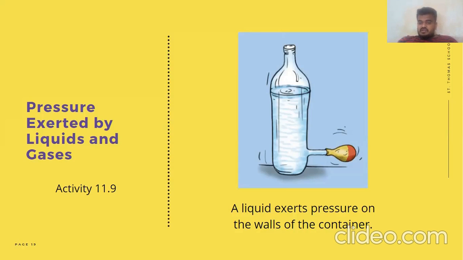That this liquid exerts pressure on the walls of the container also. In activity 11.8, we studied how the liquid exerts pressure on the bottom of the container. In activity 11.9, it is about the liquid exerting pressure on the walls of the container. So this is activity 11.9.